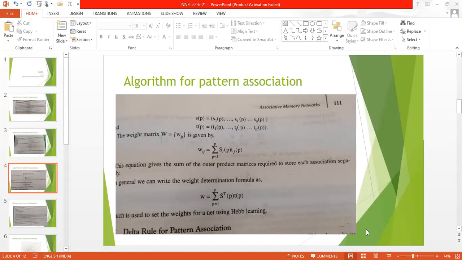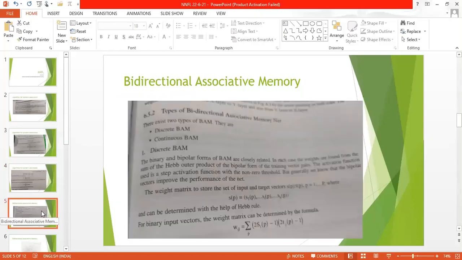This bidirectional associative memory network is again a heteroassociative recurrent neural network. The bidirectional associative neural network is a heteroassociative recurrent neural network which consists of 2 layers.